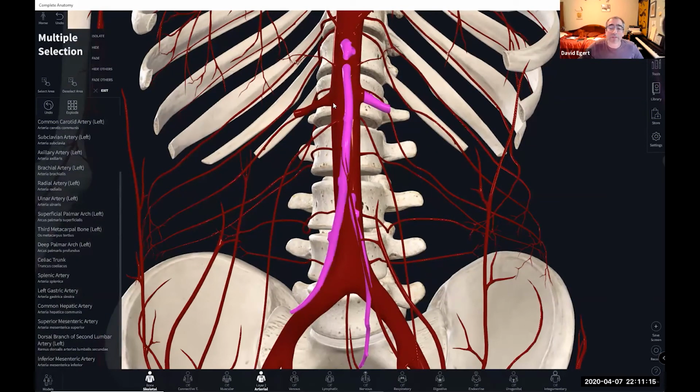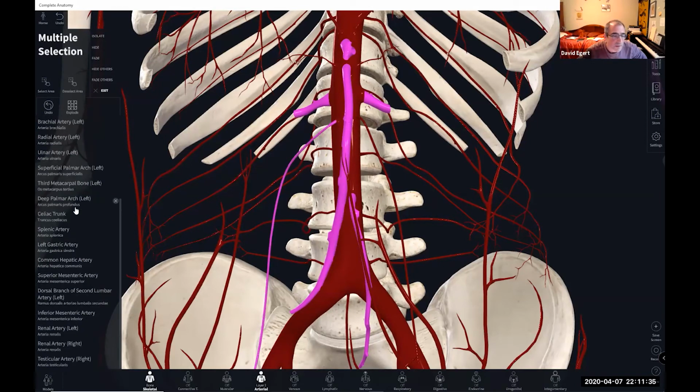Here we have the renal arteries coming off of the aorta, going to the right and left kidneys. And then these little guys are the gonadal arteries. In a guy, they're going down to the testes. In a woman, they're going down to the ovaries.